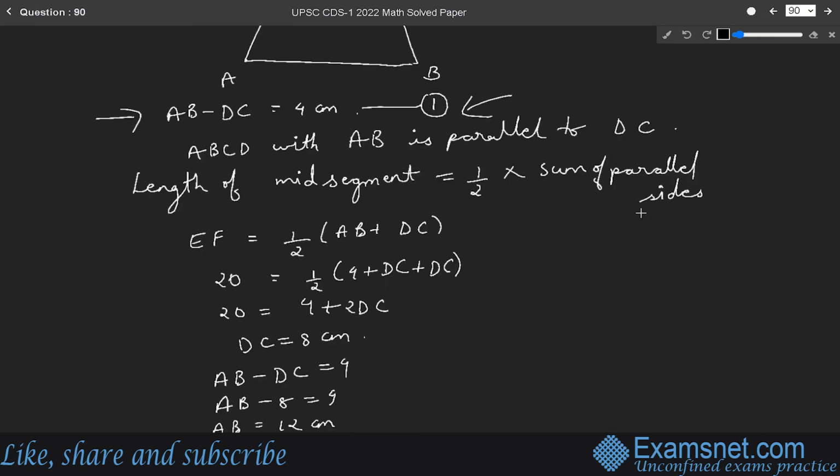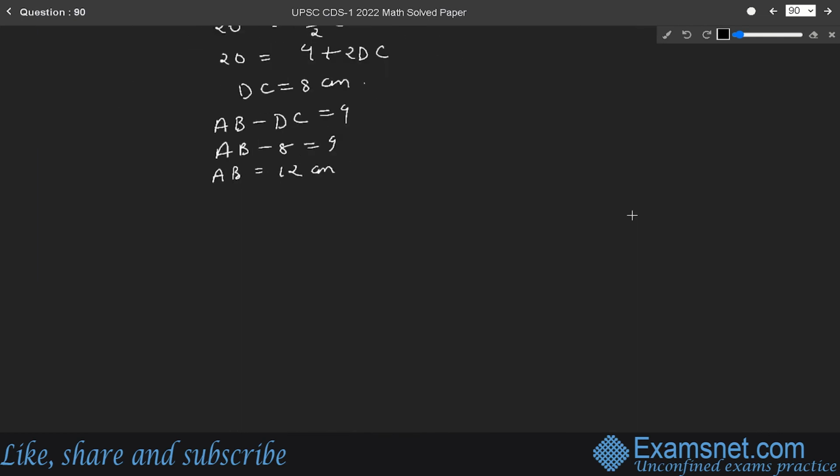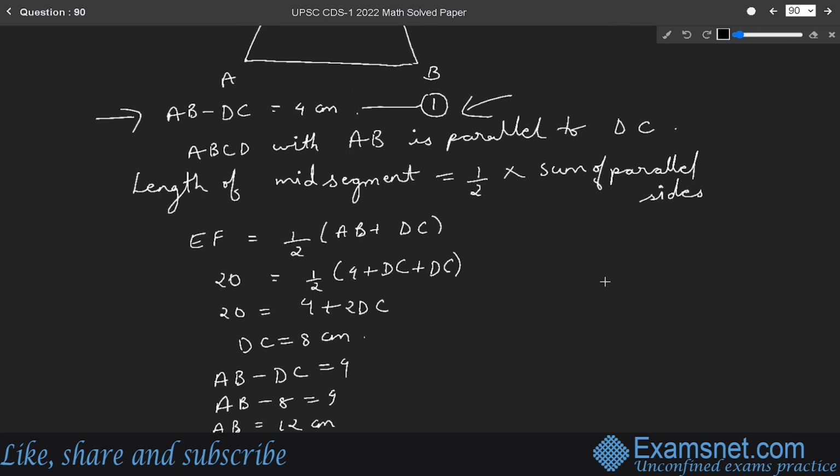Now we have both the values. So AB into DC will be equals to 12 into 8, and 12 8s is 96 square centimeter. Therefore the correct option for the value AB into DC is 96. I hope this question is clear to you.